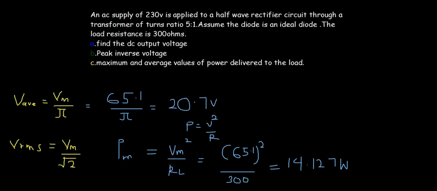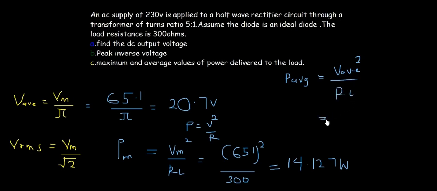The average power delivered to the load, that's P average, will be the average voltage squared divided by the load resistance, which is RL.